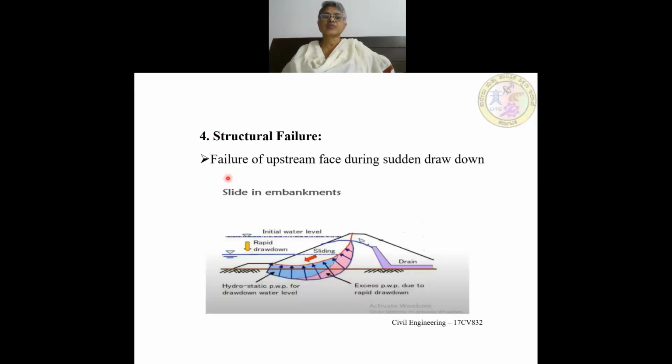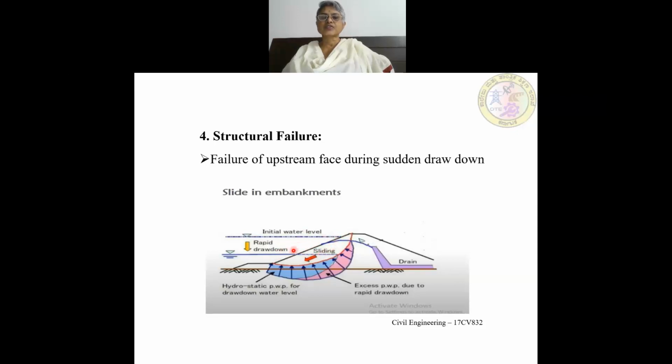So the first one is due to sudden drawdown. You can see here, this is the dam section, this is the upstream side, this is the initial water level, and this is the rapid drawdown due to sudden discharge of water from the upstream to the downstream side. There will be rapid drawdown. So this part of the dam will be saturated on the upstream side.